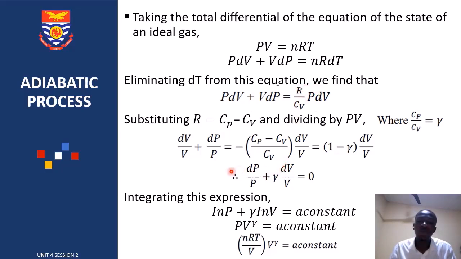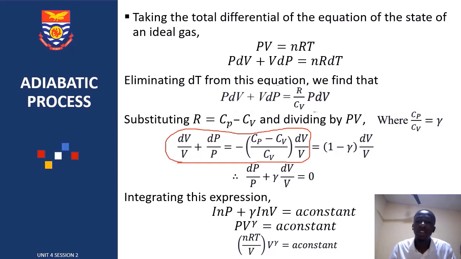So at the end, we get dV over V plus dP over P to be equal to the negative of the bracket Cp minus Cv all divided by Cv, bracket close, dV over V. This is the expression we've reached.